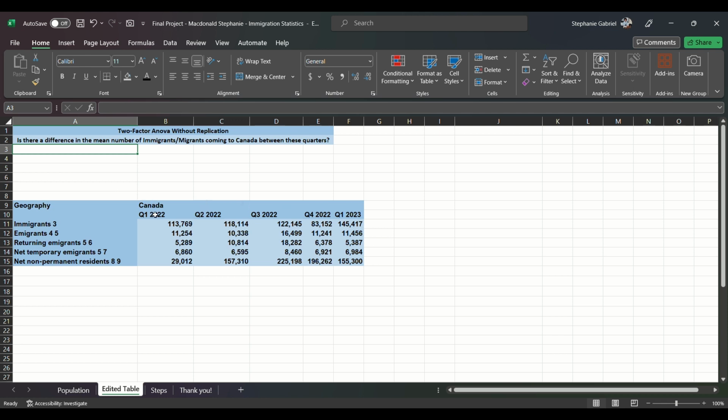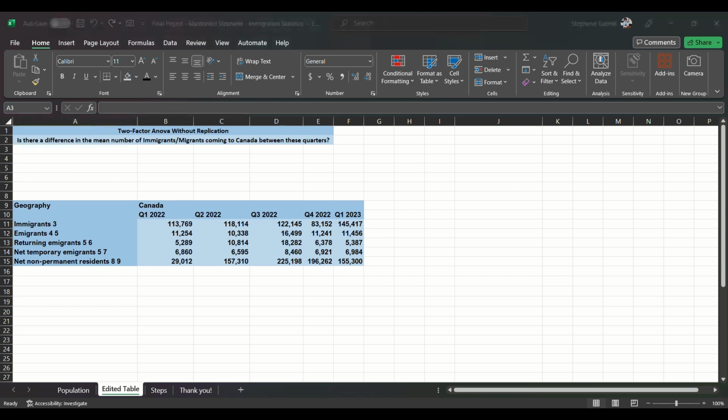It would be 1, 2, 3, 4, 5, so that's 5 minus 1, which is 4. That's for the numerator, unless I'm wrong. And the other portion is for the denominator: 1, 2, 3, 4. In order to find my degrees of freedom, I do 4 times 4 equals 16. So my degrees of freedom will be 4 for the numerator and 16 for the denominator.